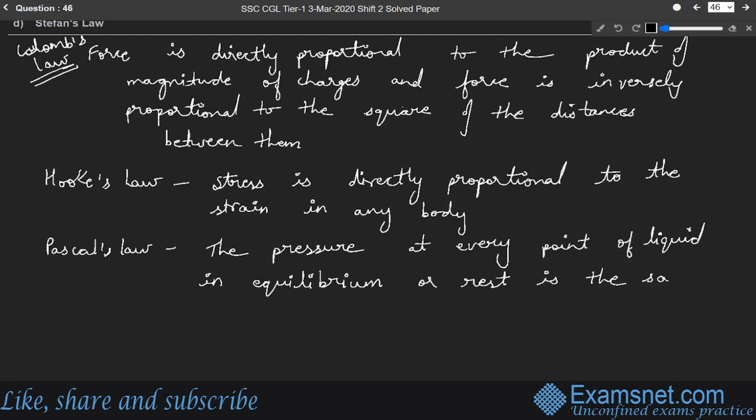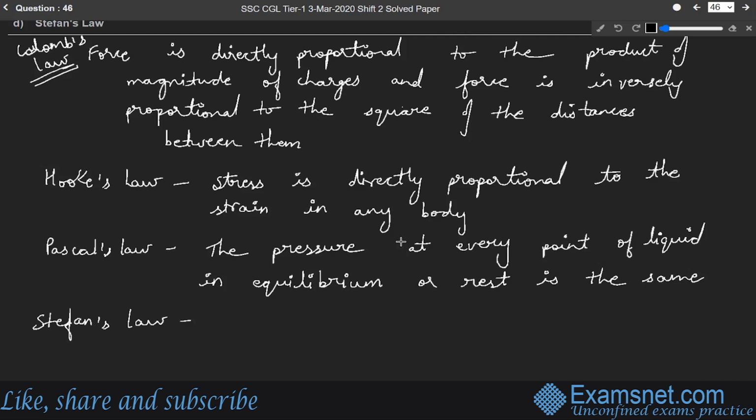Pascal's law states that if the effect of gravity is neglected, in that case, the pressure at any point of a liquid in equilibrium or rest is the same. So pressure is equal. Then last option is Stefan's law. What is Stefan's law?